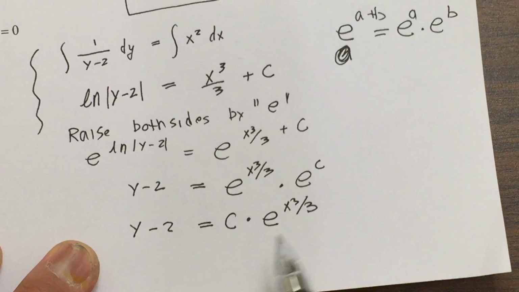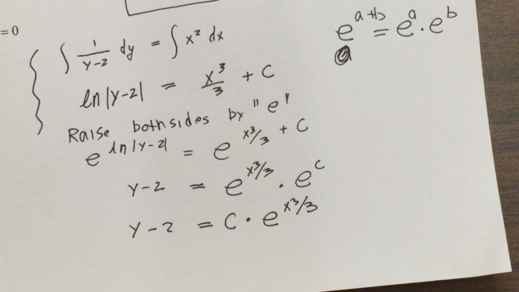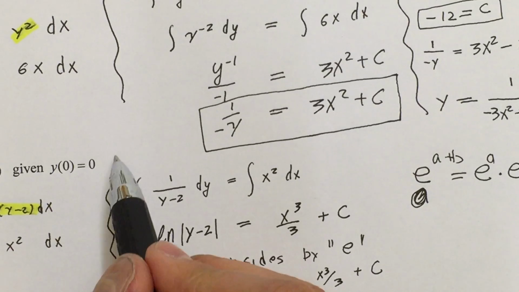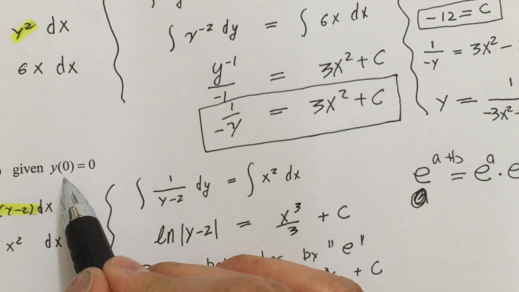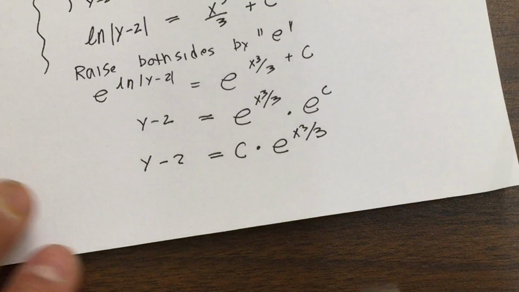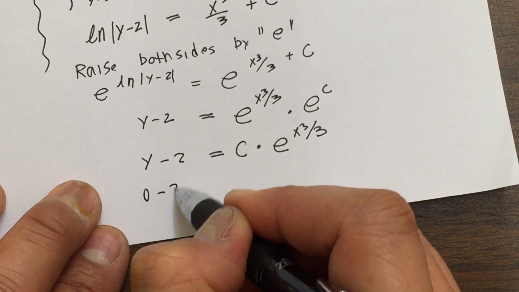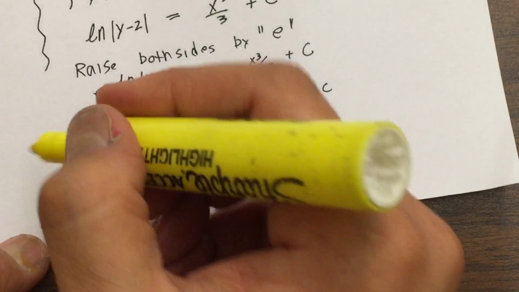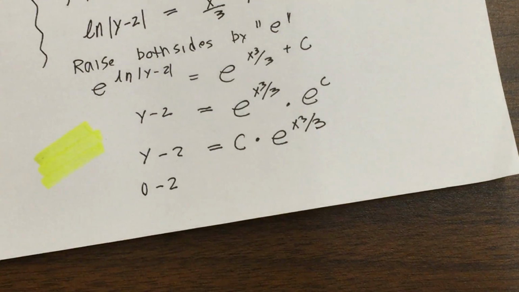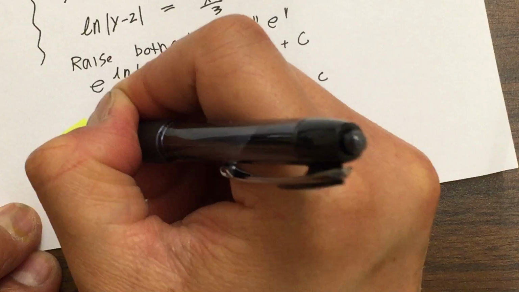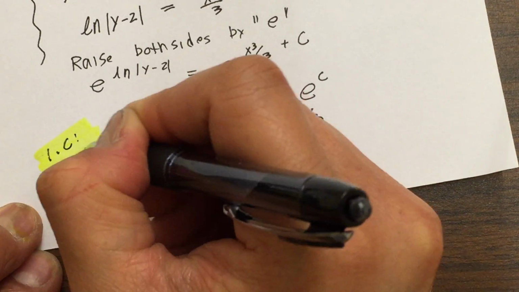Okay, now we use the initial condition, which is right here, to find out what c is. So this tells us that x equals 0 and y equals 0.